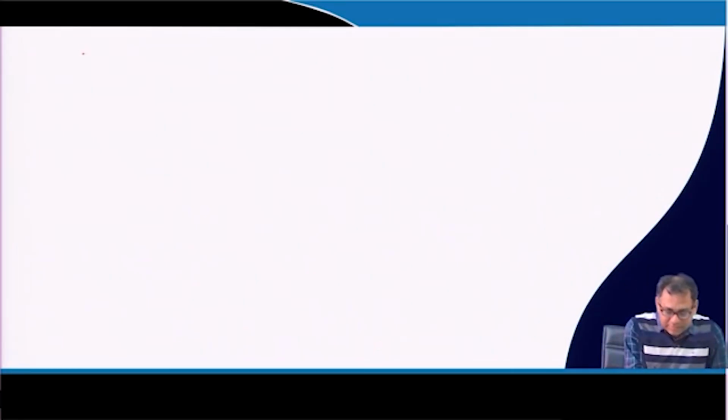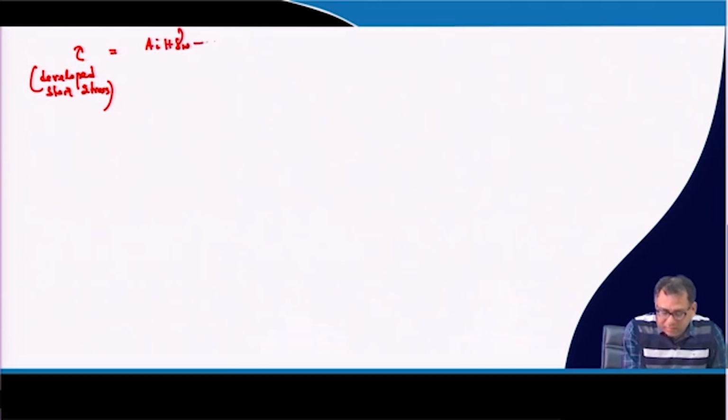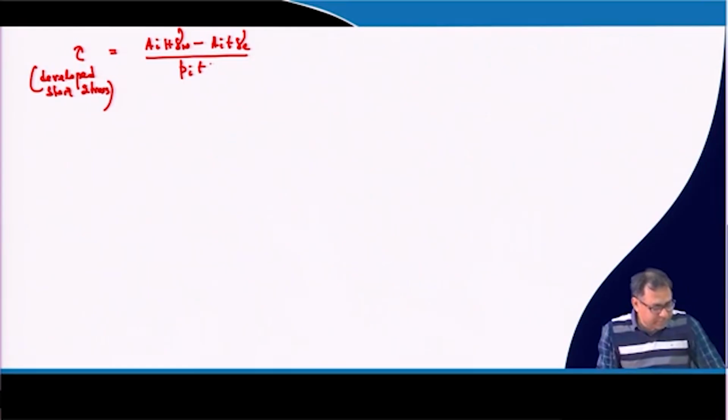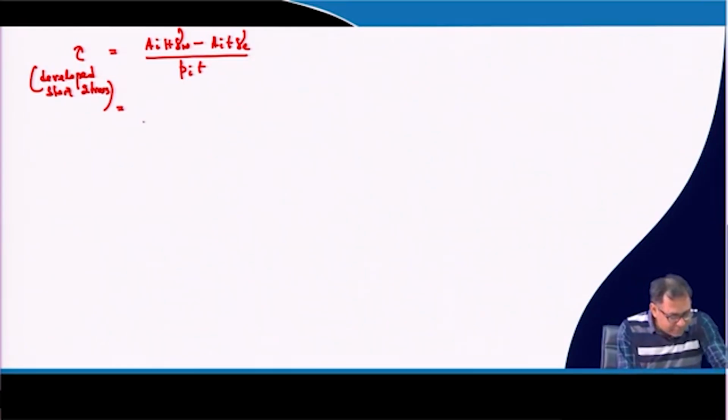The second check is that the shear stress developed is equal to Ai H gamma w minus Ai T gamma c divided by pi i into T. Now, if I put all these values, then Ai is 1 by 4 pi, this is the inside area of the well, that is 4.5 whole square.